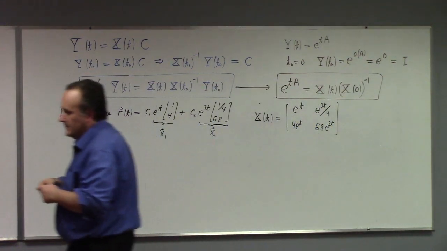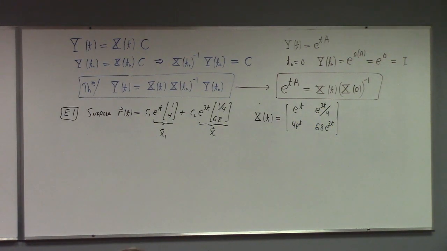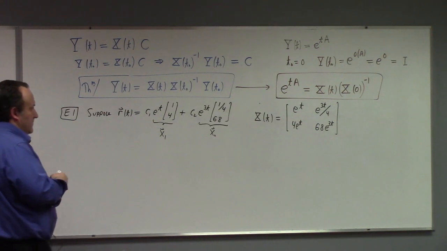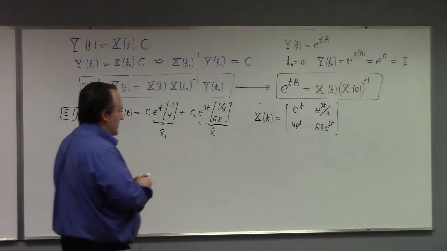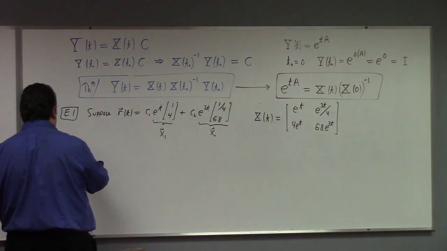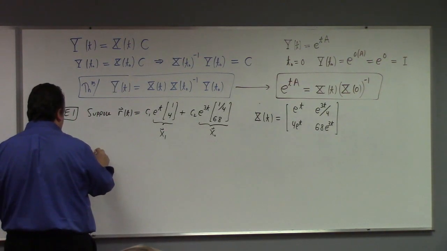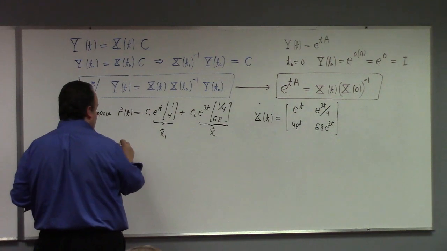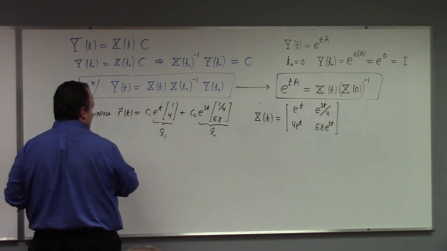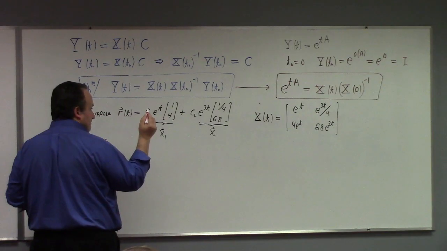And then we can find, okay, so what's x of 0? e to the 0 is 1.